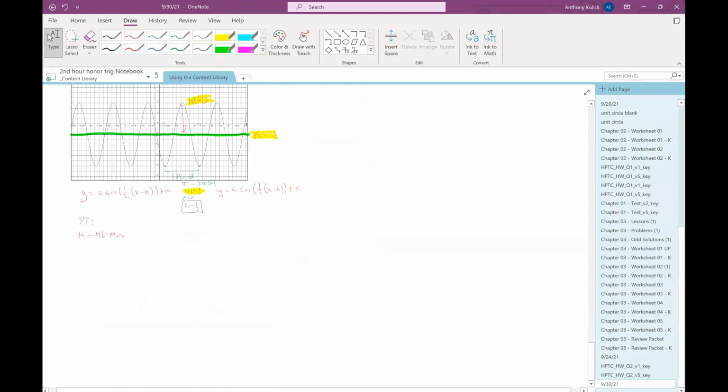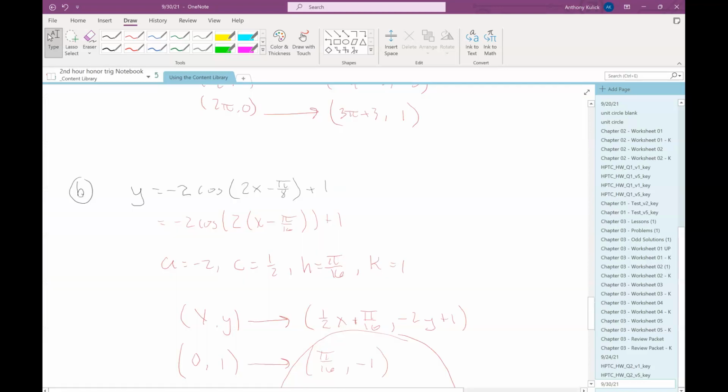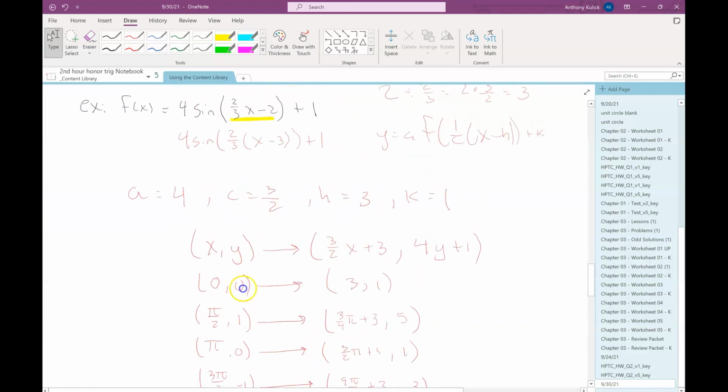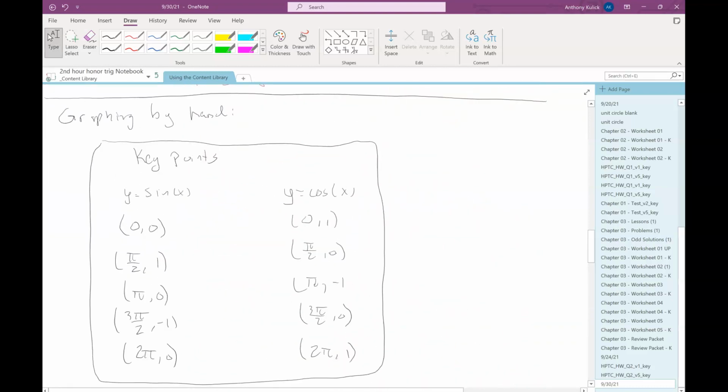Let me rephrase. I want to use this point to figure out my h. I'll show you why in a second. It really has to do with the x-coordinate being 0. It makes life much easier if the x-coordinate from your parent function is 0. So the point before would have been a minimum, and the point afterwards would be a maximum, and that's a midline point. Everybody's okay there?